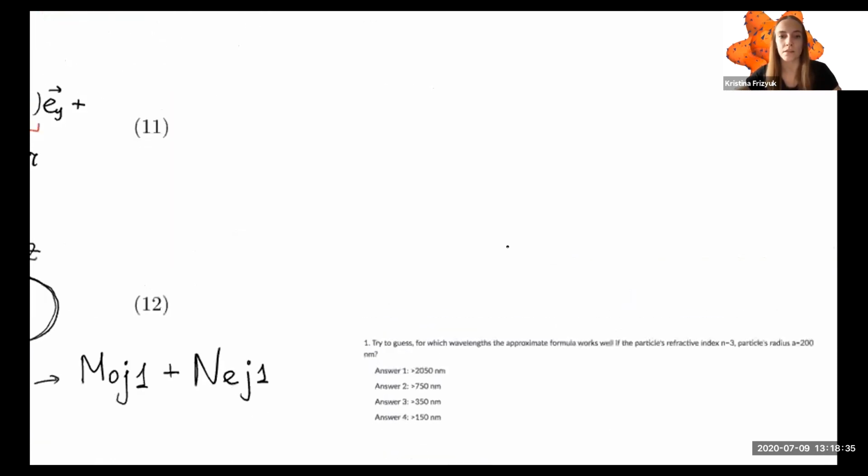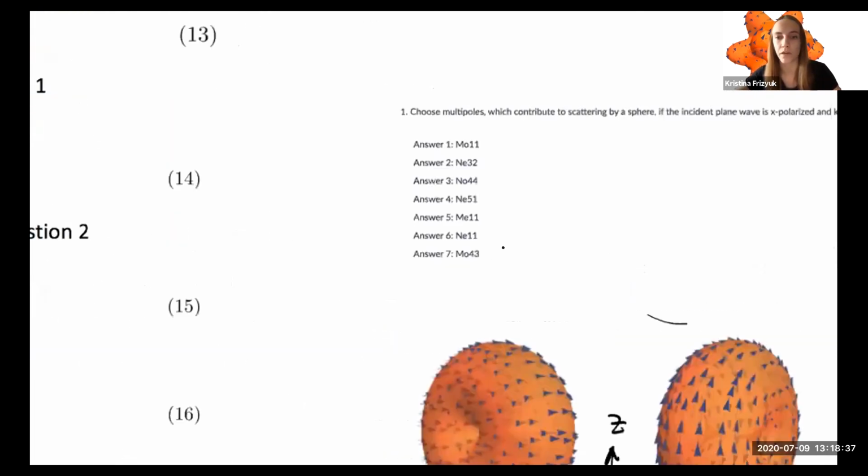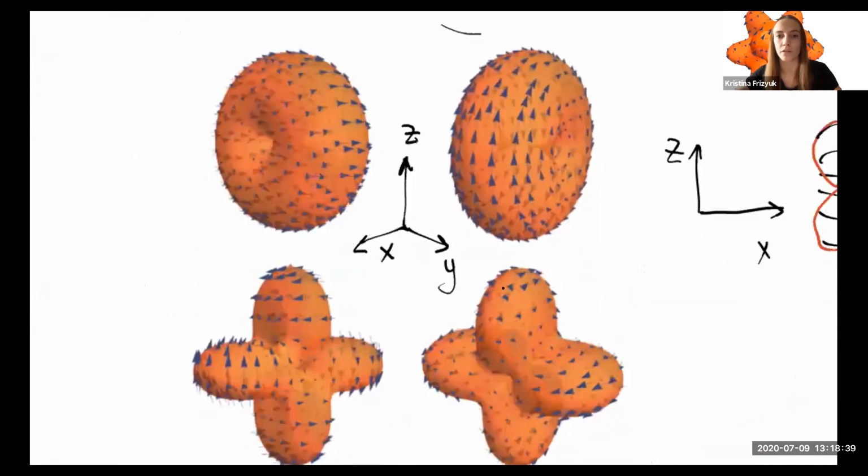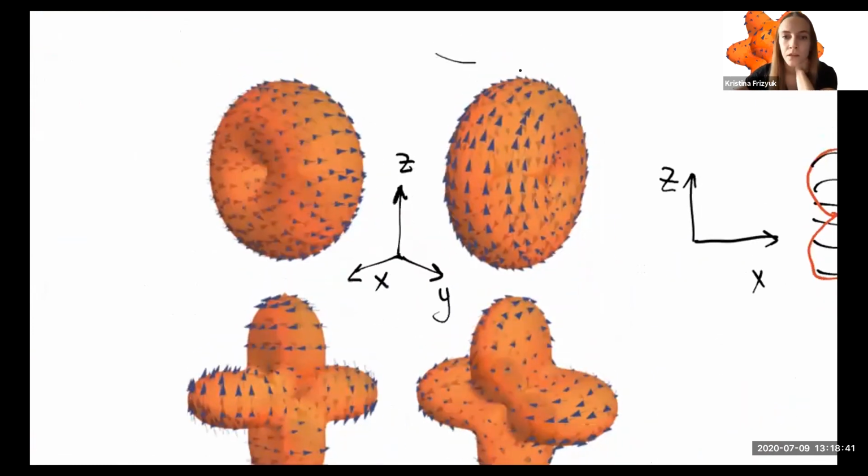And this is due to the following fact: let us look at these guys. Here you have magnetic, and here you have electric.